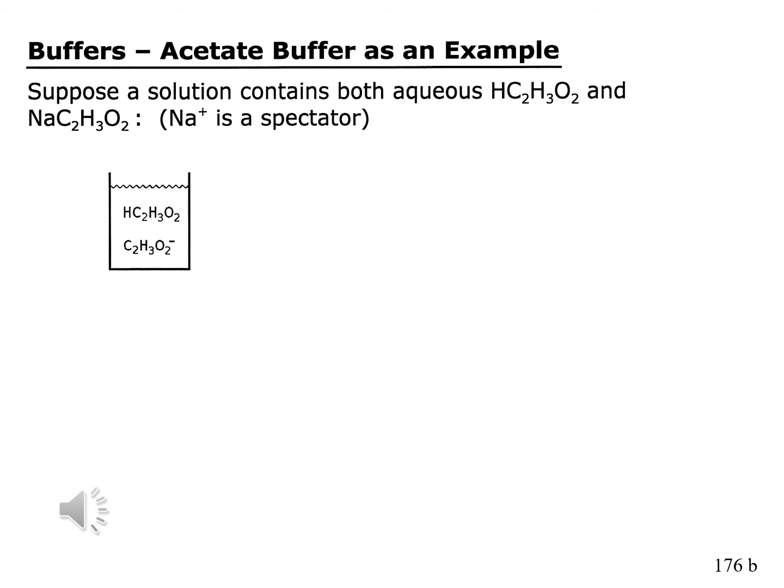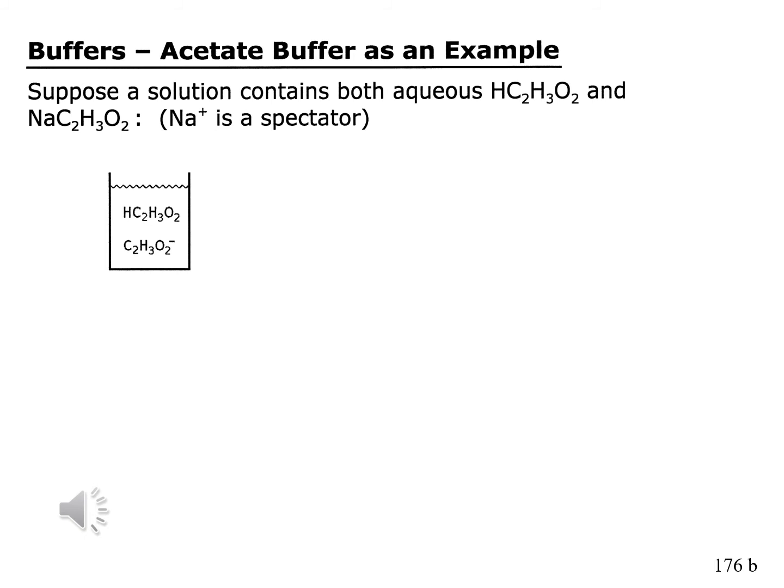It's always going to be a weak acid and the conjugate base of that acid. It has to be of that acid. Now, you might say, well, if you put acetic acid in water, you're already going to have some acetate because it does dissociate a little bit.